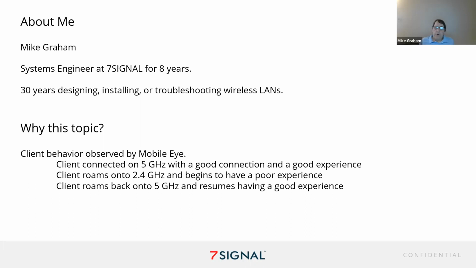When we would investigate, we would say, oh, it roamed on the 2.4, and that's when the throughput fell off and the voice quality fell off. I saw it several times in a row with different customers, and kind of went on a little rant about 2.4 and decided that maybe we would talk about it on a webinar. I imagine you've probably seen the same thing, Jim, on Mobileye investigations.